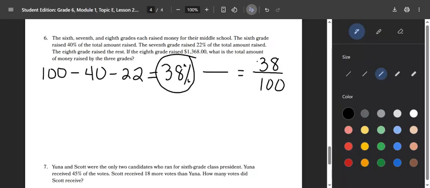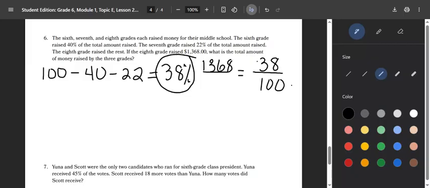So 38% is what the 8th graders raised, and the 8th graders raised $1,368. So 1,368 is 38% of the 100% raise. We're trying to figure out the 100% raise by all three grades.